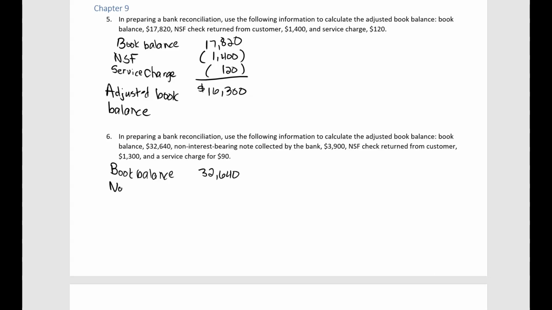So I'm going to put here note collected. And this is money due us. We got this money. And then another NSF check like in number 5 for $1,300. Subtract that because we have to take it out of our account because the check bounced. And then a service charge of $90.